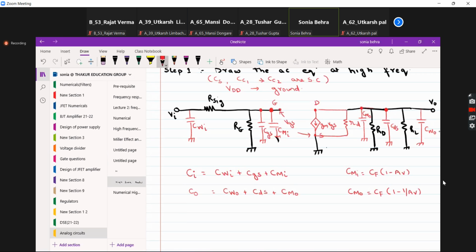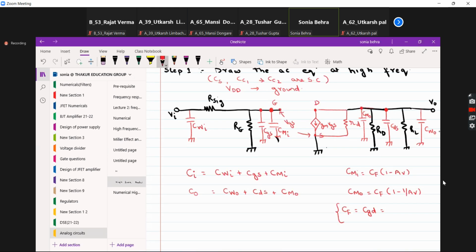तो CF आपके केस में क्या है? लेट मी राइट डाउन इन कर्ल्स. FET लोगे तो CF की वैल्यू क्या है? It is nothing but CGD. Okay, this capacitor CGD is also called as, we have two notations, we can give it two notations.